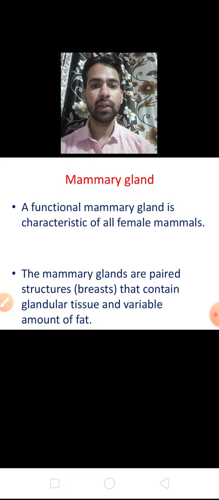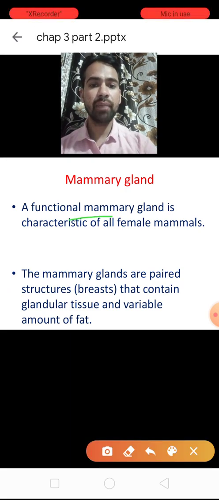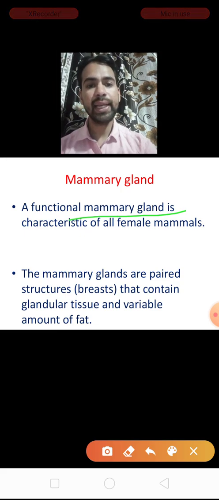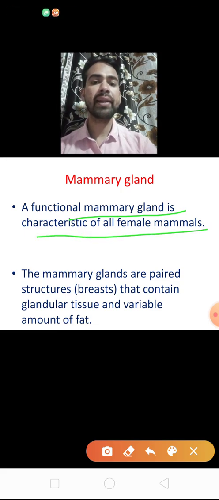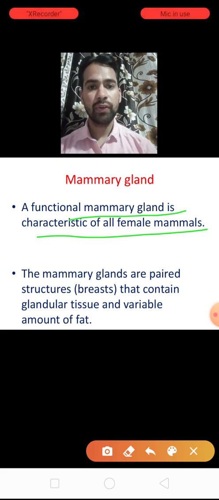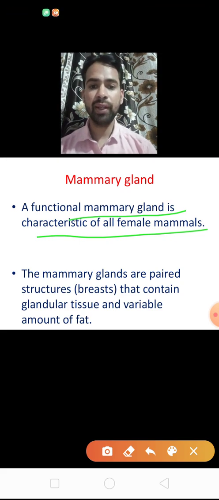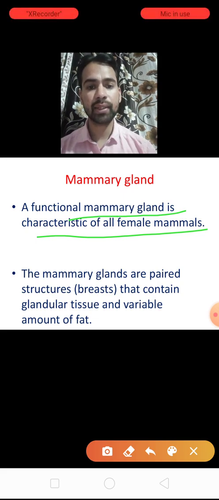So we can say that the functional mammary gland is a characteristic of all female mammals. You know the function very well: it releases milk.